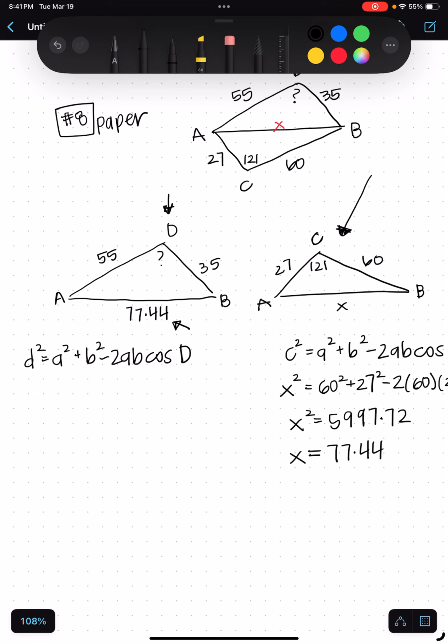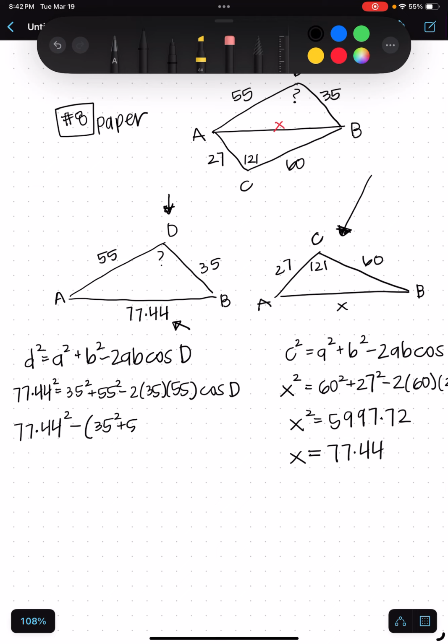So then I'm going to say 77.44 squared is equal to 35 squared plus 55 squared minus 2 times 35 times 55 times cosine of D. I'm trying to find angle D, so I'm going to solve for cosine of D. To do that, I'm going to have 77.44 squared minus 35 squared plus 55 squared, because I'm going to take both of those away and subtract them.